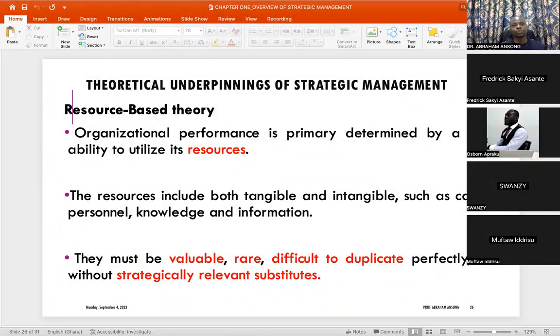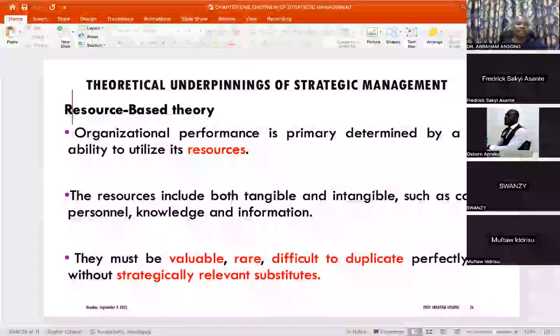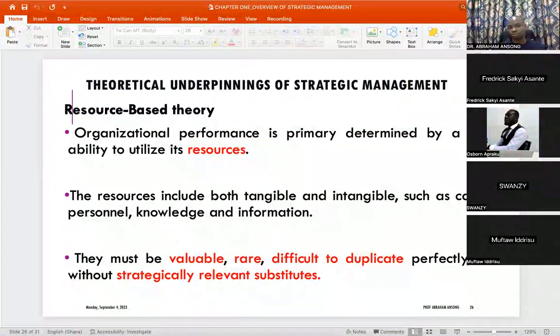If the resource is not rare, what it means is that your rival or competitor can easily get it. If they can get a duplicate of that resource, then it cannot give you any advantage. Similar explanation applies where they can find a substitute for that particular resource.